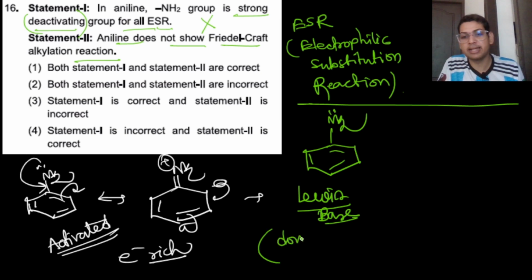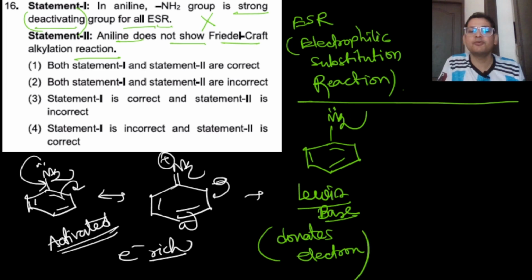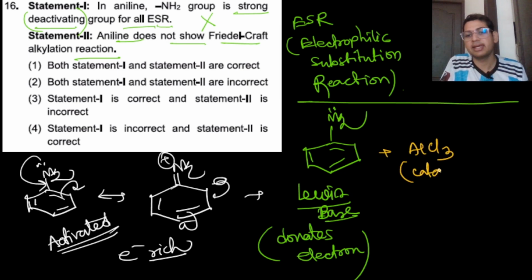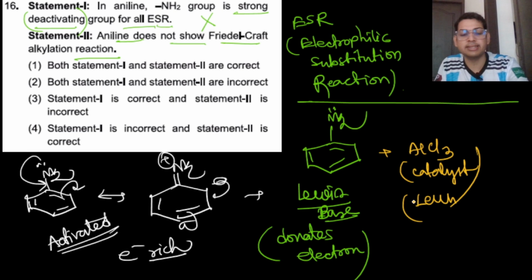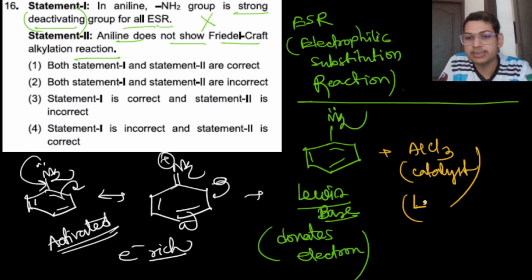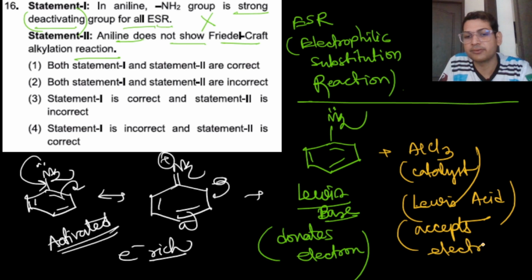That which donates electrons. And in Friedel-Crafts reaction, we use AlCl3 as a catalyst. This catalyst is a Lewis acid. Why is it a Lewis acid? Because it accepts electrons.